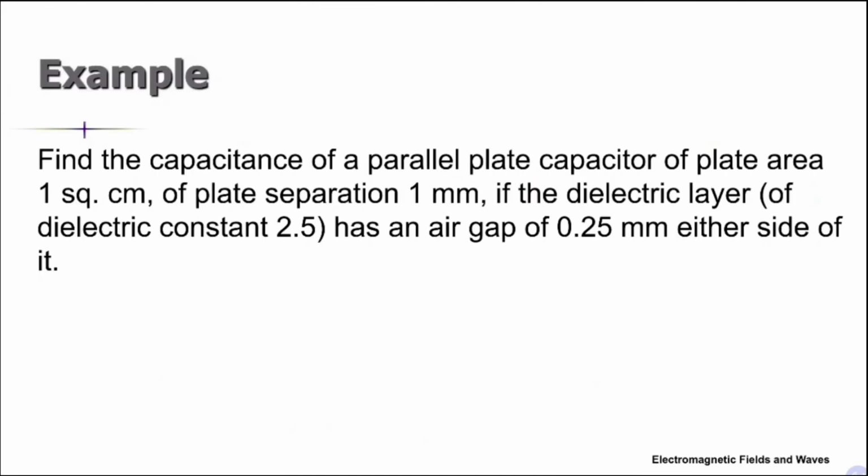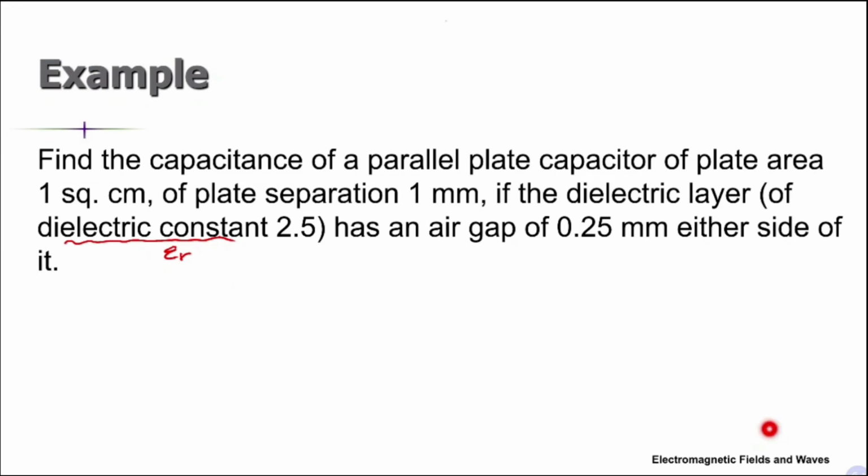Okay, example. Find the capacitance of a parallel plate capacitor of area 1 square centimeter and plate separation 1 millimeter, if the dielectric layer has a dielectric constant, which is another word for relative permittivity, epsilon r, and has an air gap of 0.25 millimeters either side of it.